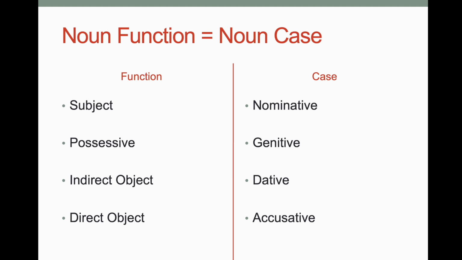That indirect object is in the dative case. And finally, the direct object of a verb's action is in the accusative case. So keep these functions in mind, but also note that the language that we're going to be using from here on in to talk about Greek nouns is nominative, genitive, dative, or accusative. So link up the function with the name of the case, and you'll be able to understand how they act within a sentence.